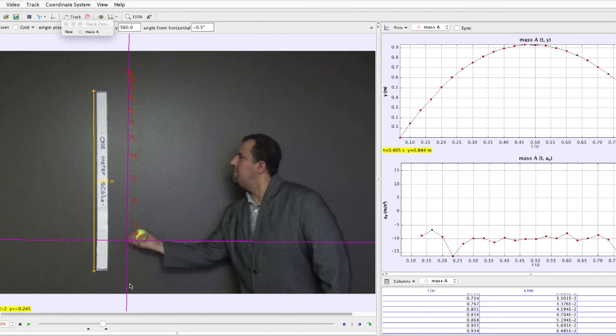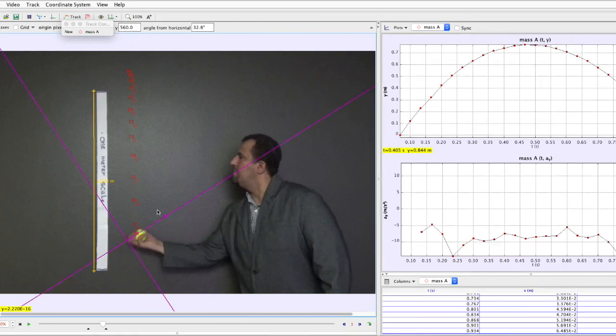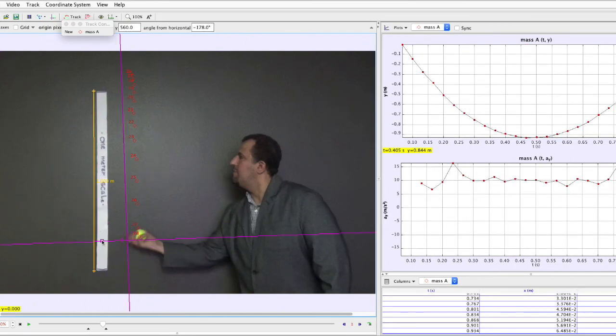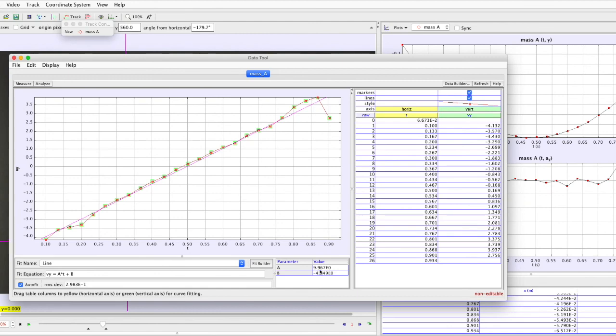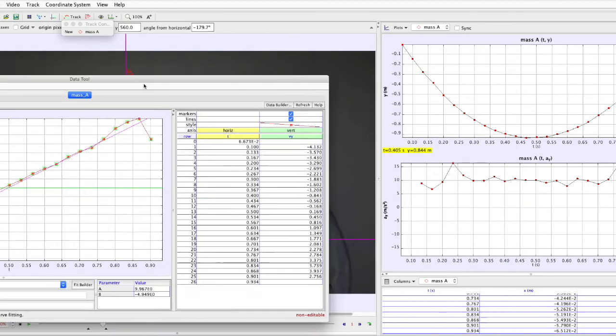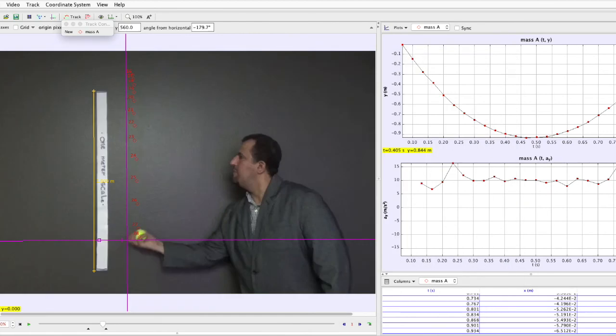If I rotated the axis and considered the positive side of y-axis down, as I did, you will have positive gravitational acceleration, as you can see here. Positive 9.96. So that's great, guys.